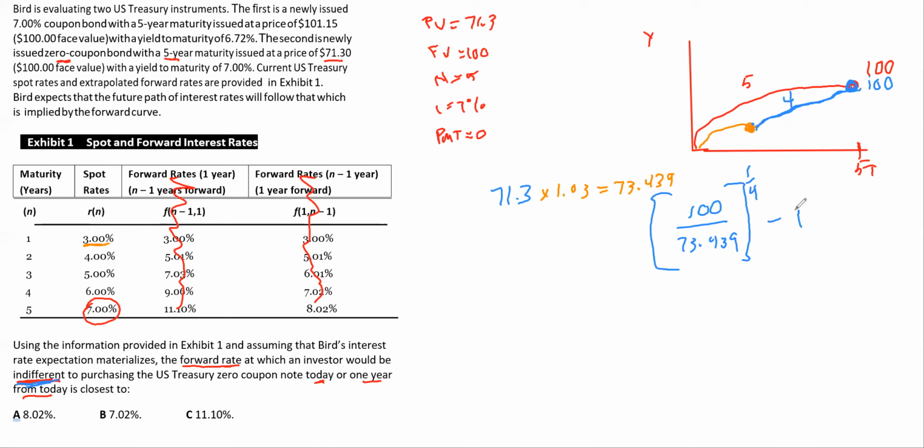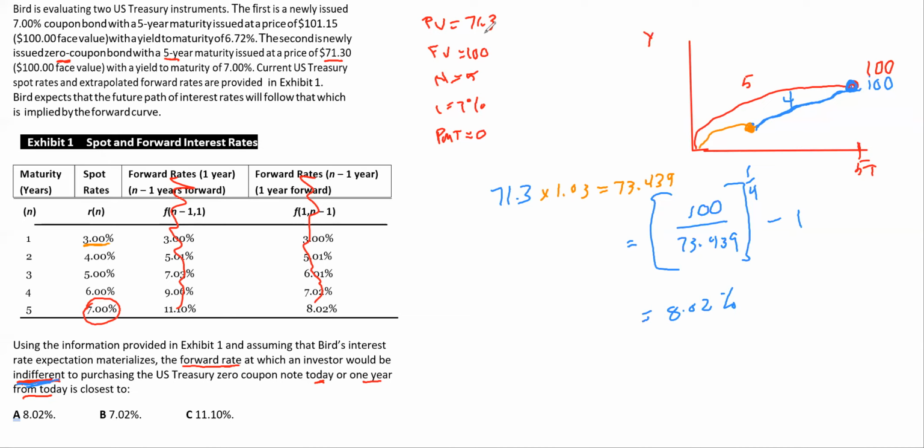Subtract off 1, multiply by 100, and you're going to come up with an answer of 8.02%. So the forward rate, the 4-year rate that we're going to earn starting 1 year from today, has to be 8.02% in order to grow our money to 100 so that we will be indifferent.